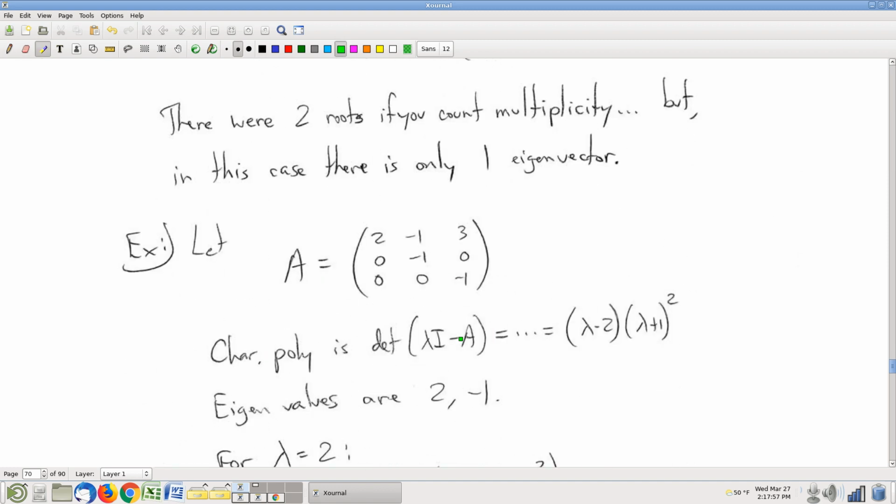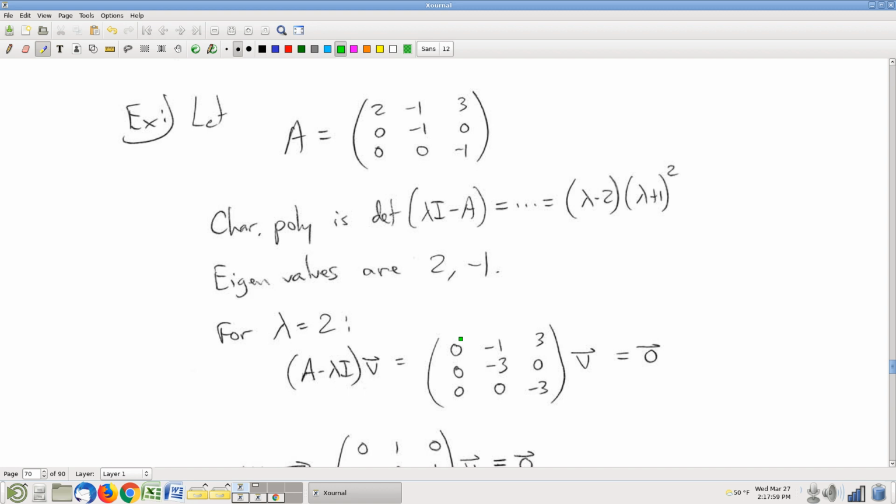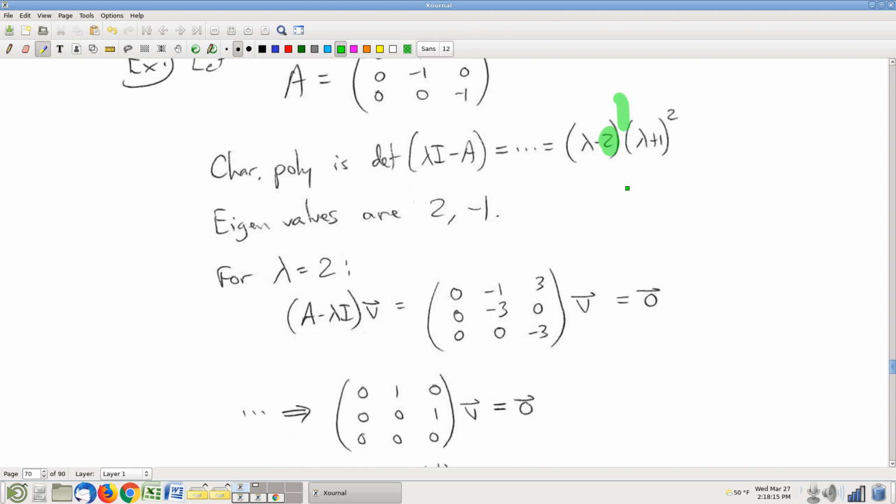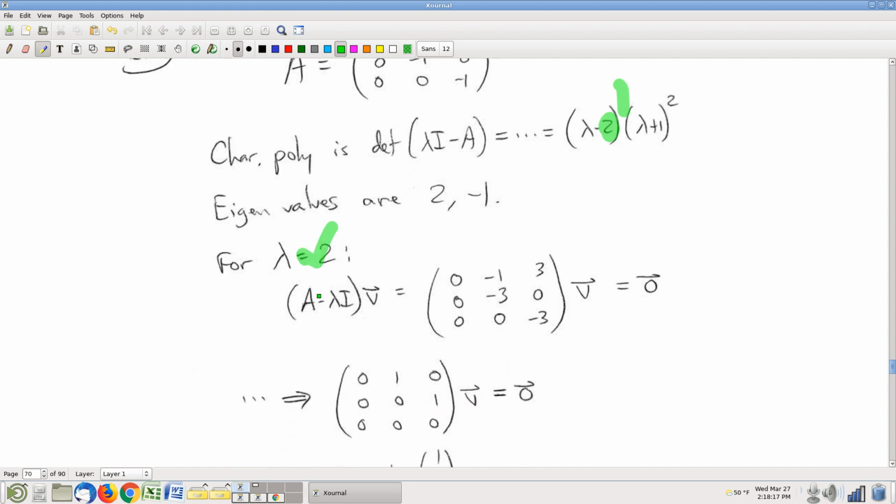Okay, so here's just another example, just to keep it going. Here's a matrix. Play the game, write down the characteristic polynomial, go through, multiply out, collect terms, factor. You get this. Here's a root with multiplicity 1. Plug in that eigenvalue.